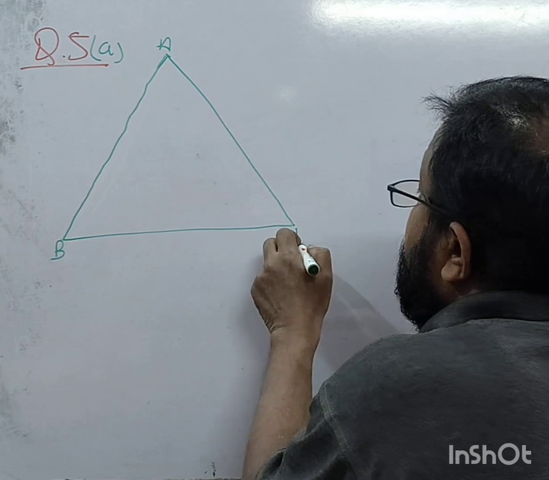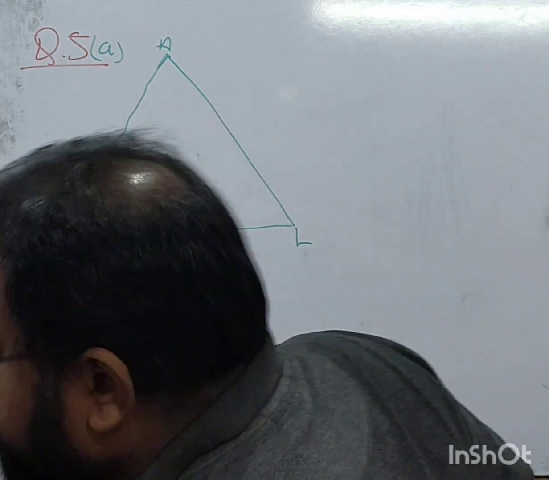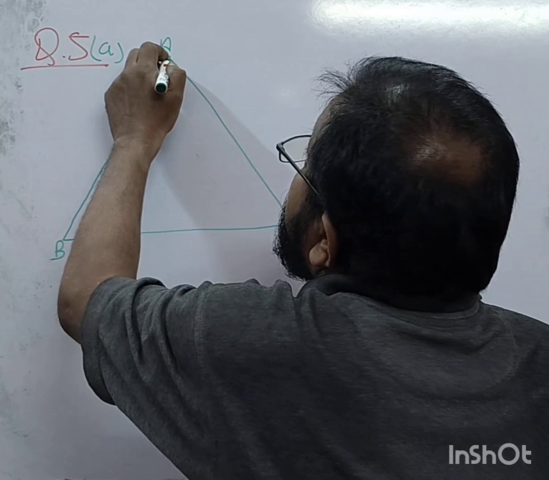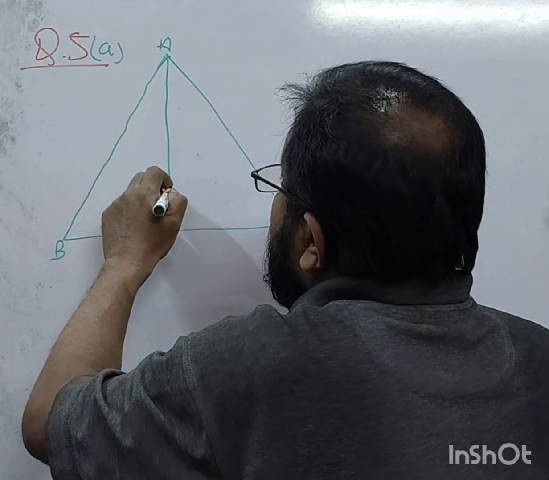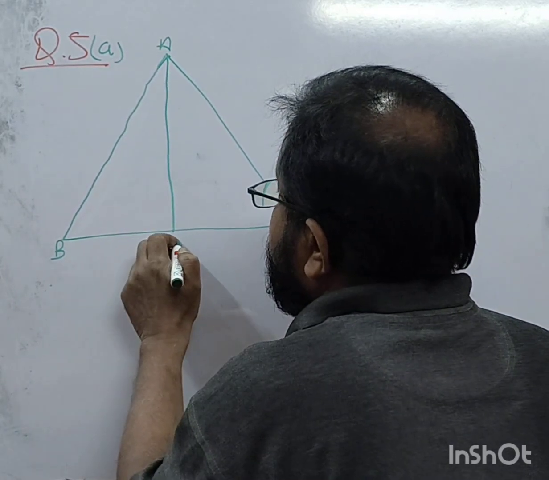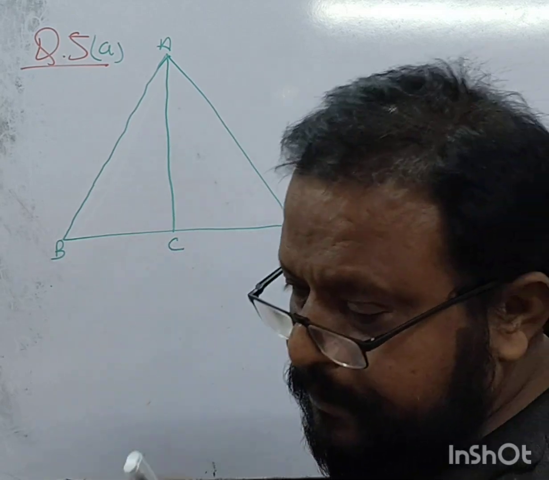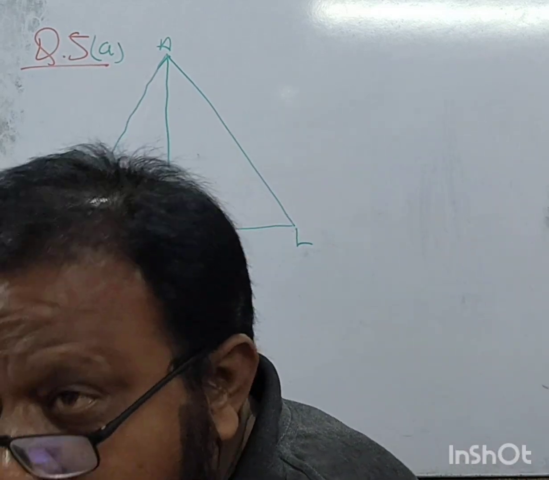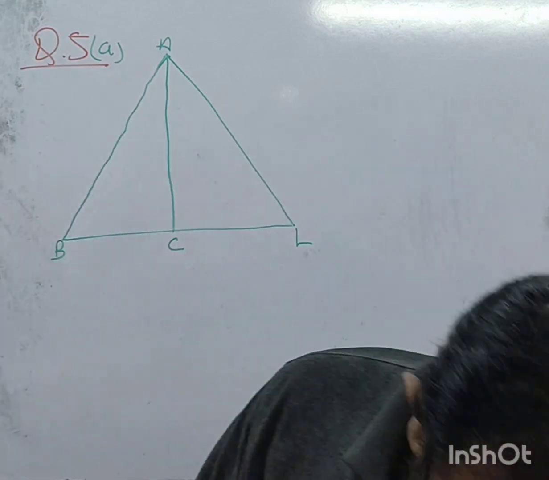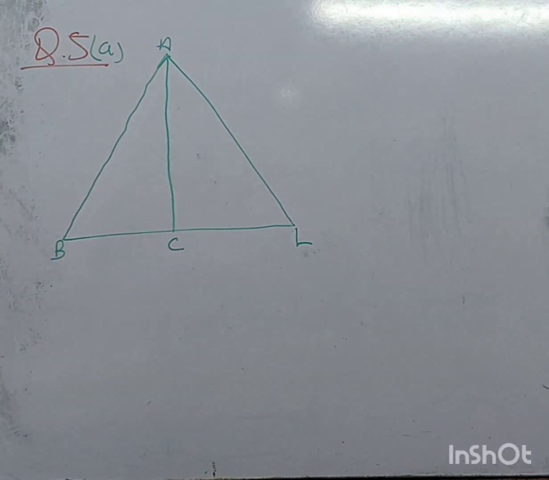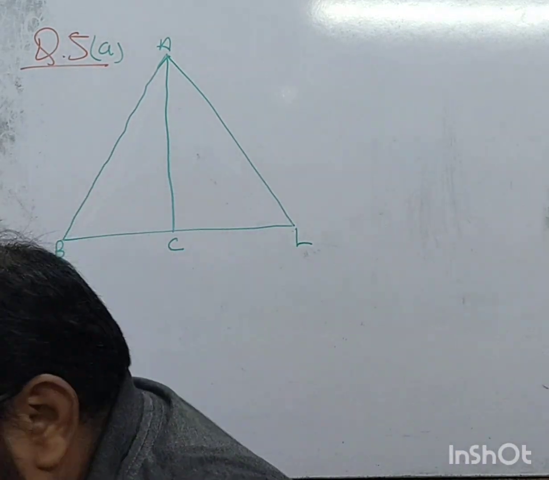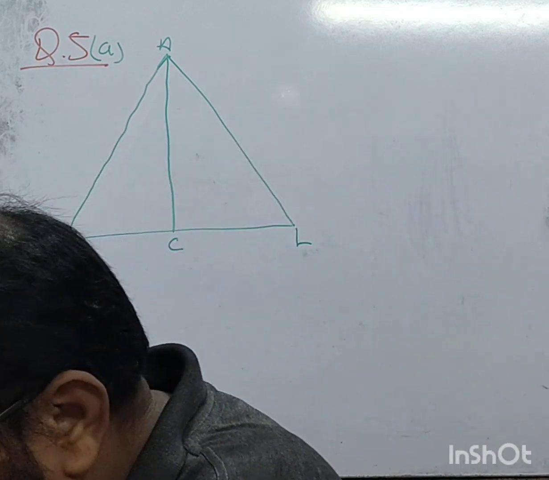It is ABL and ABC is like this. ABC is like this. Right. This is ABC.